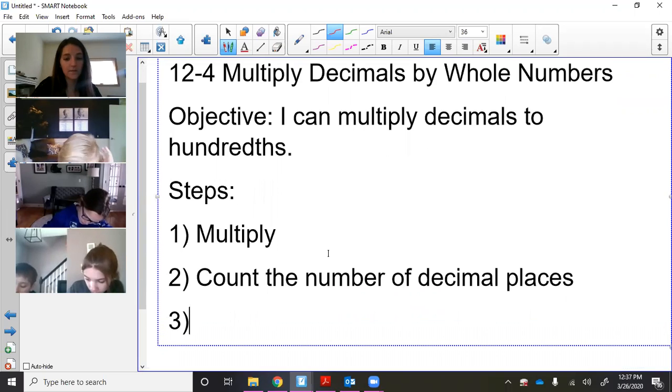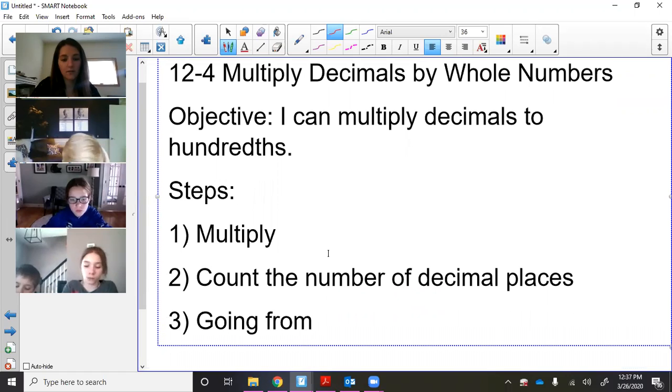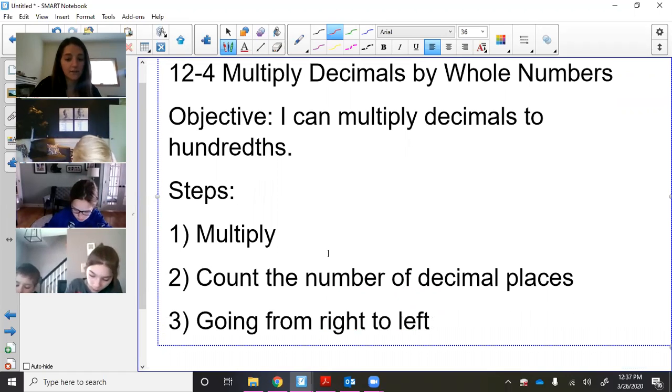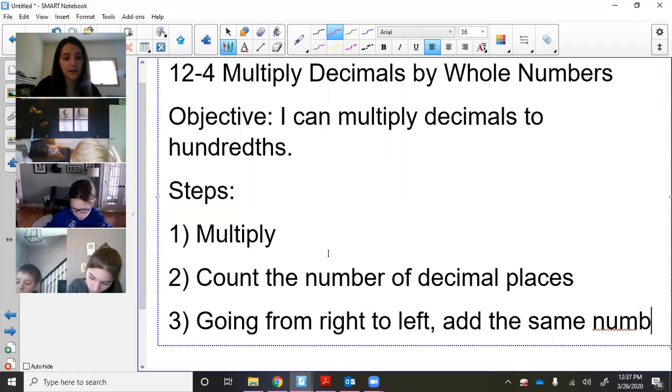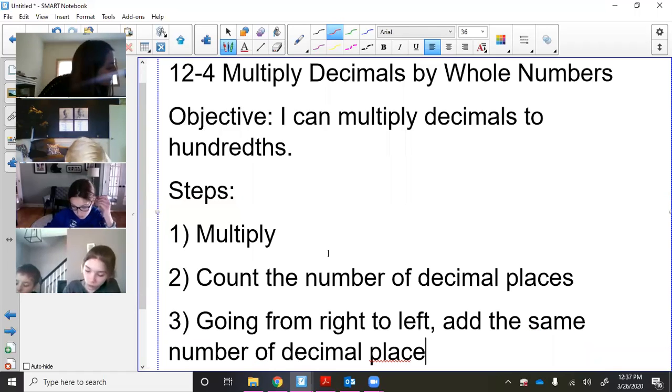And then going from right to left, add the same number of decimal places to the product.